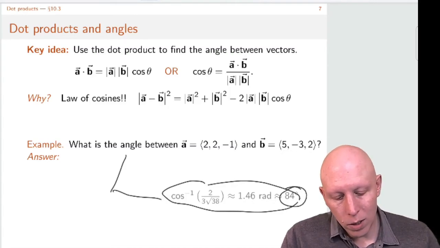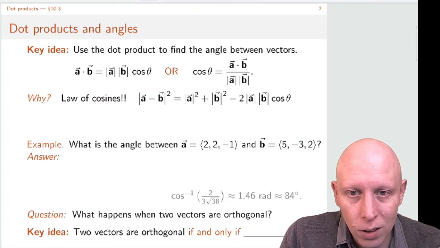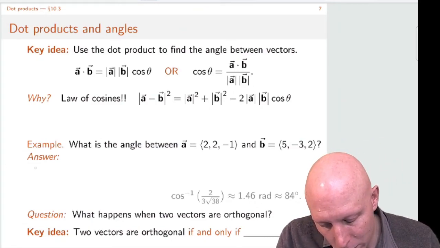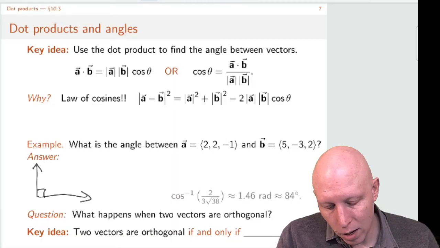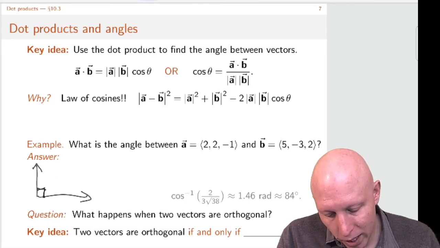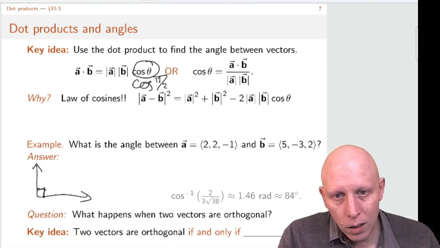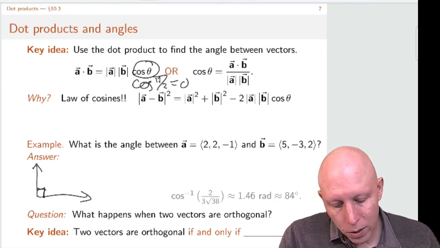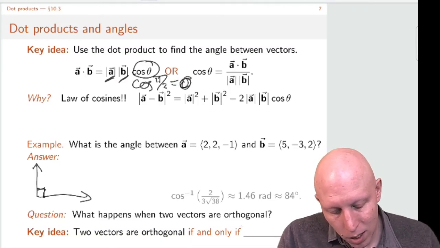So let's talk about one last thing, which is what happens when the two vectors we have are orthogonal. What does it mean for them to be orthogonal again? Remember this definition: our two vectors are orthogonal if they have a right angle between them. So a right angle, cosine of pi over 2, cosine of 90, is always equal to 0. So no matter what the length of a and the length of b are, we're multiplying that by 0, and we get that a dot b is equal to 0.